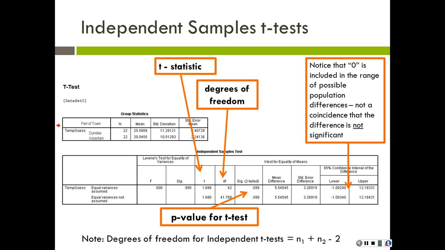Here's where I think it's kind of cool and it blows my mind. If 0 is in this range, which it is, negative 1 to 12, 0 is in this range, so 0 is a possible value of the difference. That would mean there's no difference, right? So it's not a coincidence that the difference is not significant, because one of the possible differences is 0.